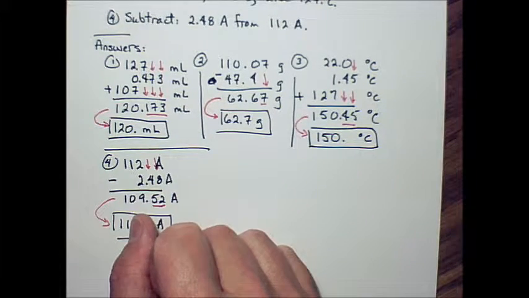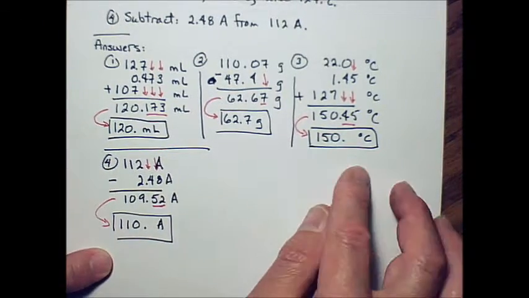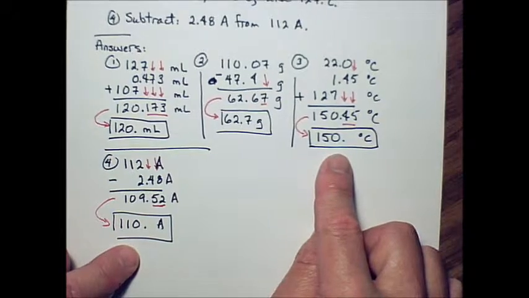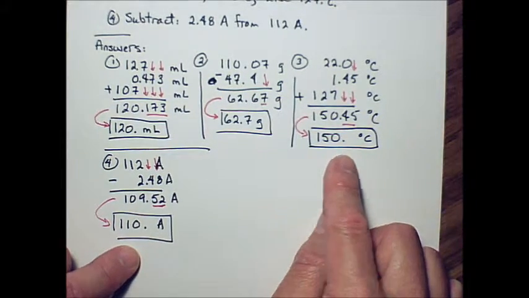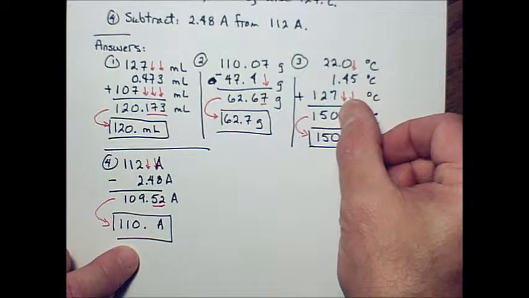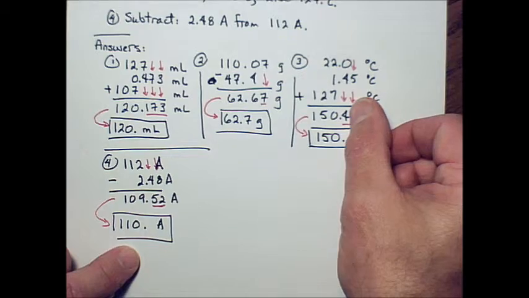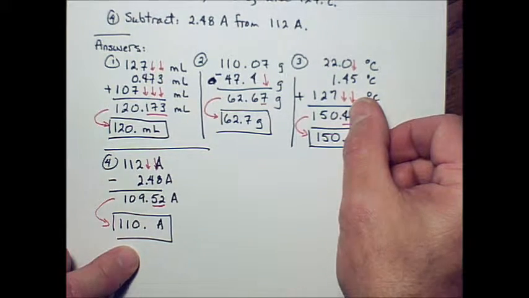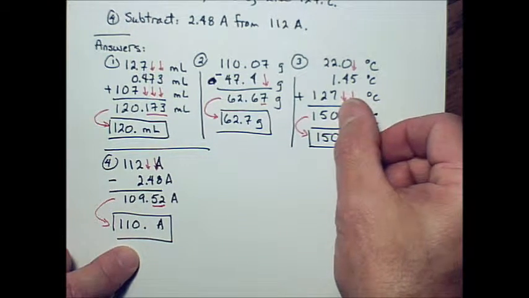Mr. Wood. Yes. So how come number 3 and number 4, somebody has 45? Why isn't that 150.4? Because this is the first significant digit in this answer. This 4 right here is less than 5, so we do not round anything up or move anything there.